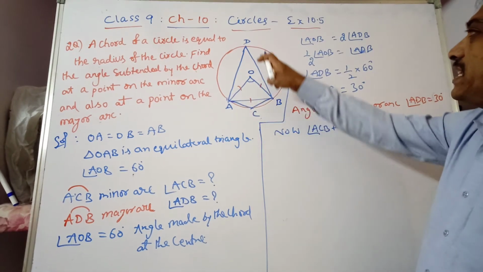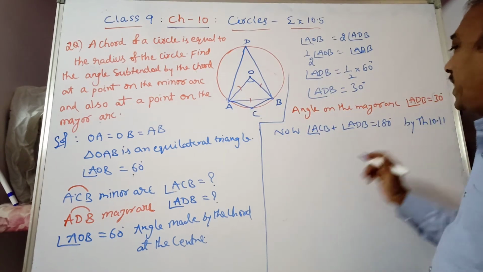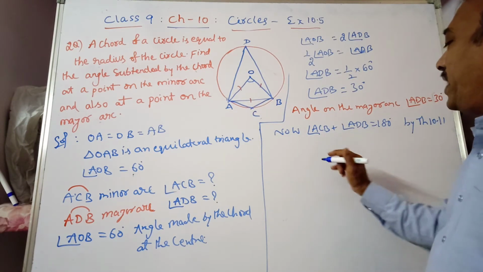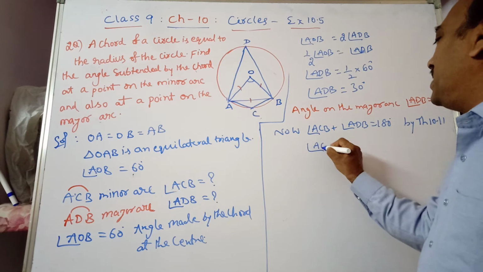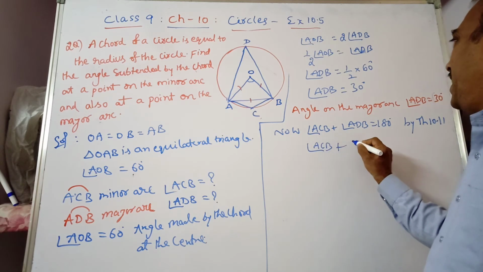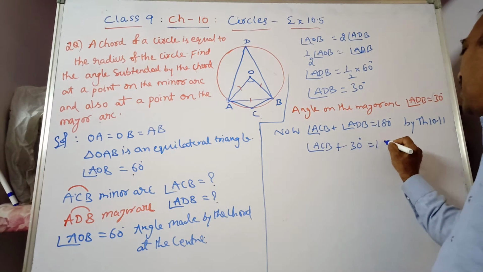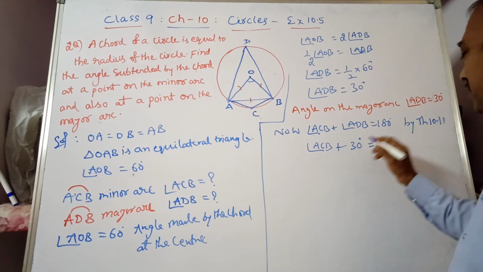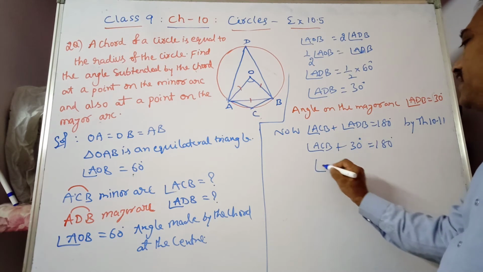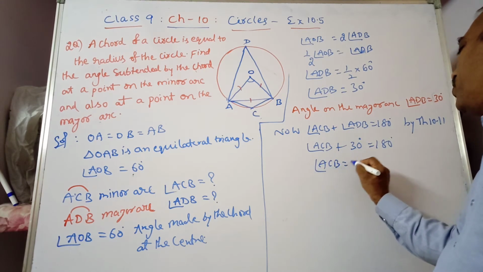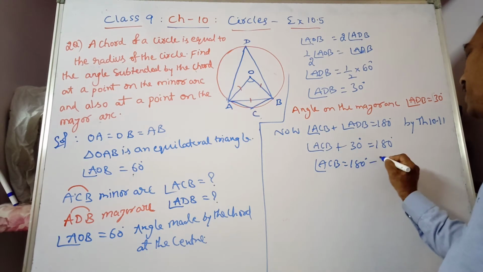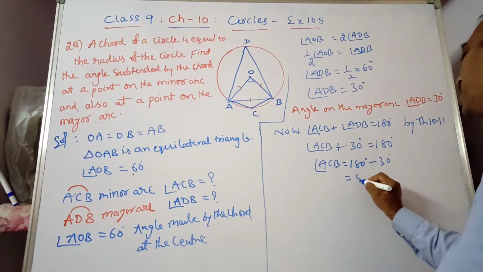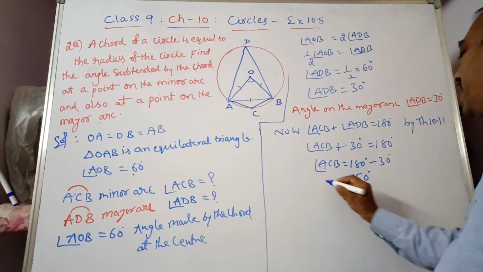So angle ACB plus angle ADB is 180 degrees. As we know ADB is 30, transposing this side, ACB is equal to 180 degrees minus 30 degrees, which gives 150 degrees.